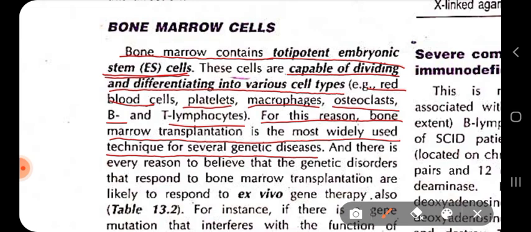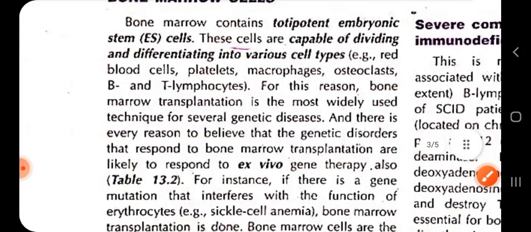Bone marrow contains totipotent embryonic stem cells that can give rise to any cell types like red blood cells, platelets, macrophages, B lymphocytes, T lymphocytes. That's why bone marrow transplantation is being done nowadays for curing genetic disease.